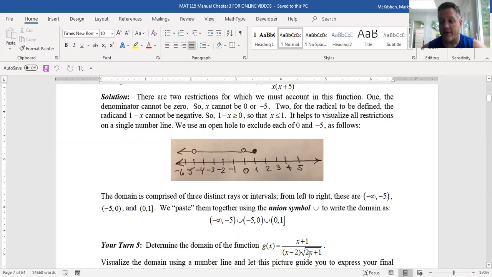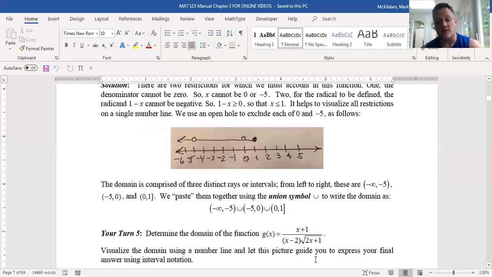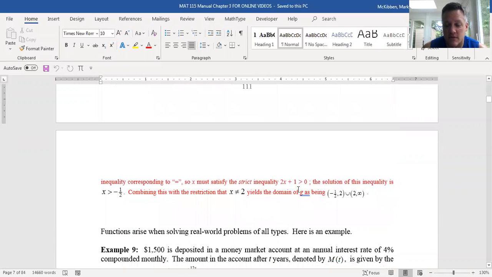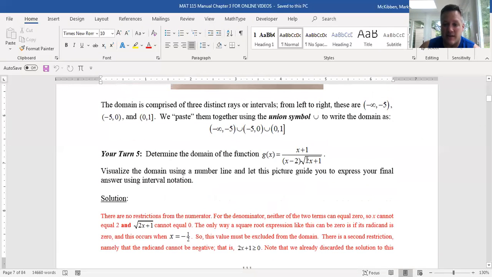And don't forget, since this is an even root, you need the inside to be non-negative, but it can't be 0, right? So you're going to solve the inequality 2x plus 1 strictly positive, right? And so we know that x has to be bigger than -1/2 and x cannot be 2, right? So you have those two conditions that have to hold.